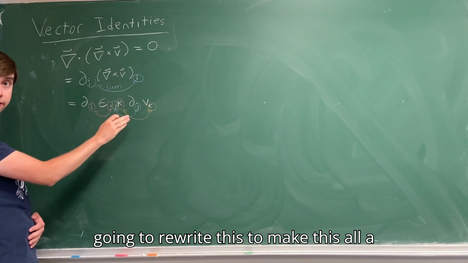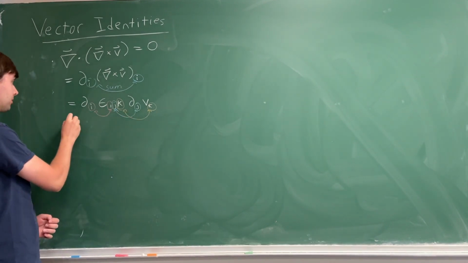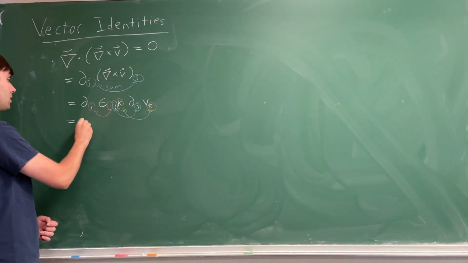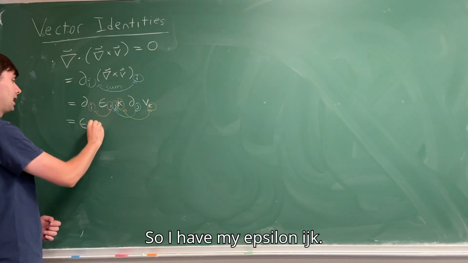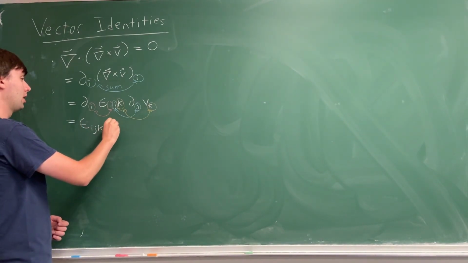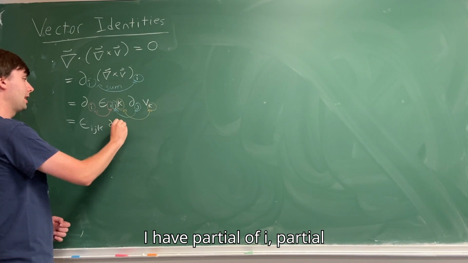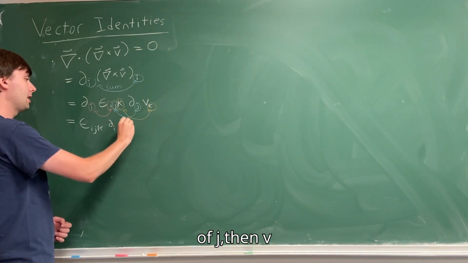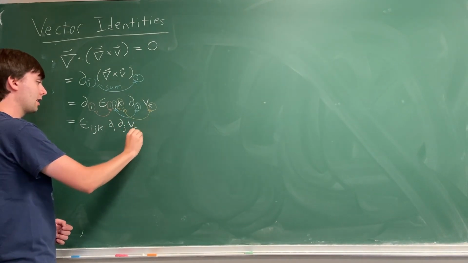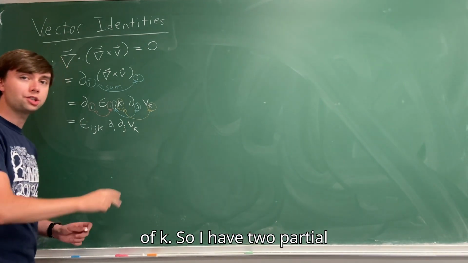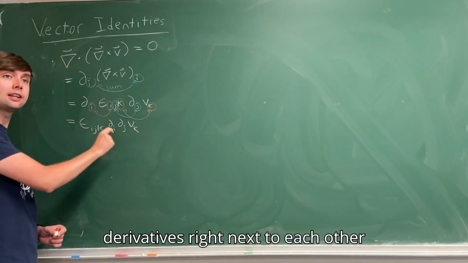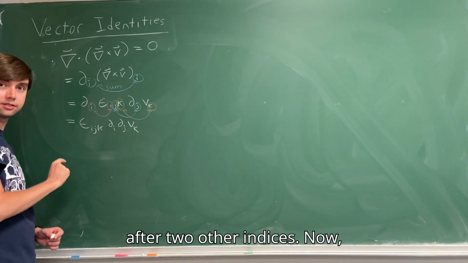I'm going to rewrite this to make this all a bit clearer. So I have my epsilon ijk. I have partial of i, partial of j, then v of k. So I have 2 partial derivatives right next to each other of 2 other indices.